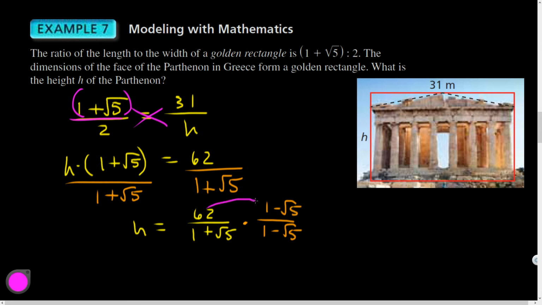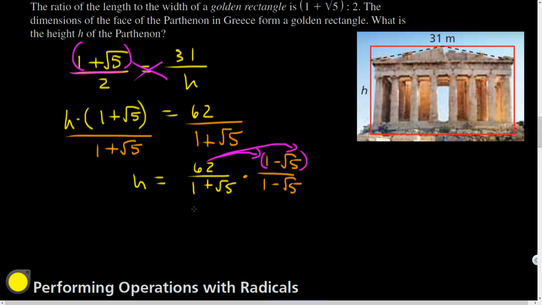And so this 62, I'm going to distribute, because remember, that's grouping. Remember, oh dear, did I give myself enough room? I hope so. 62 minus 62 rad 5 all over 1 squared minus rad 5 squared. It's 1 minus 5. It's negative 4.